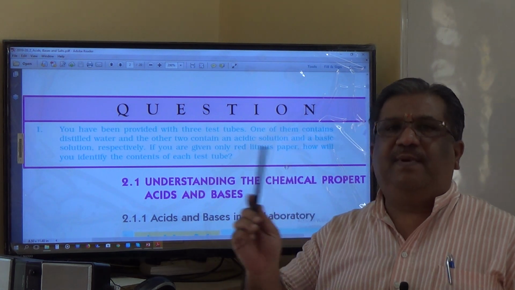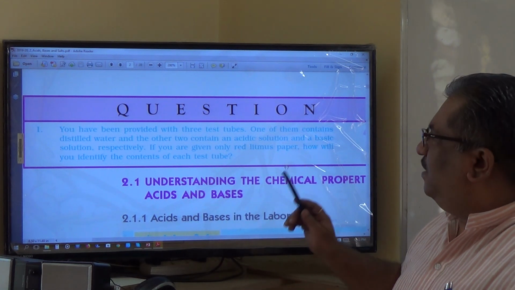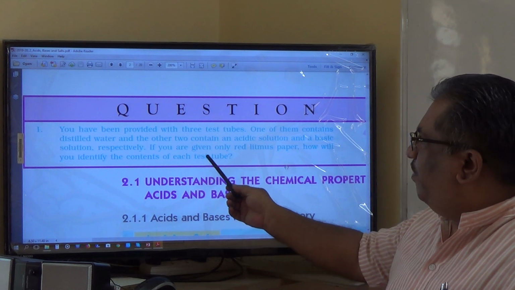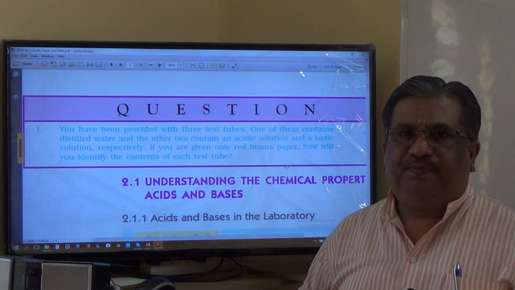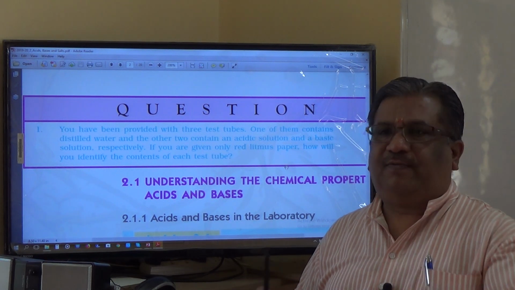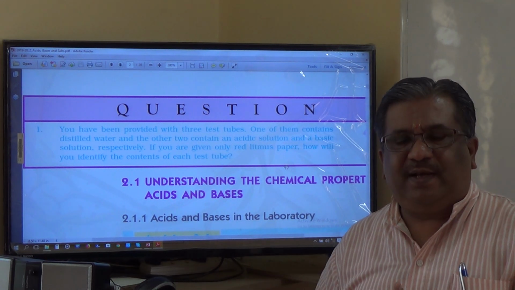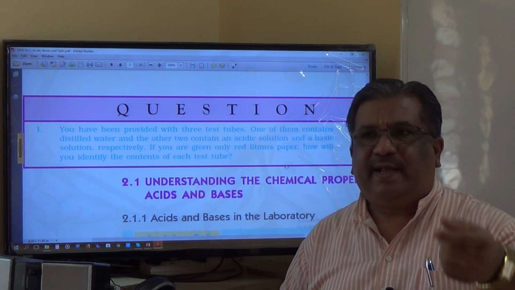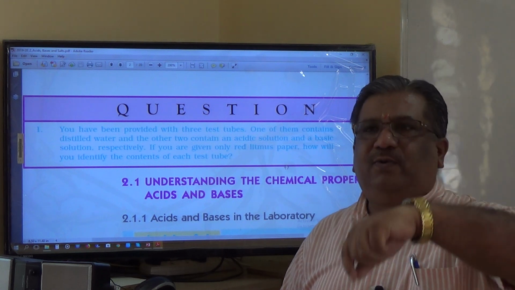3 test tubes, A, B, C, contain water, acid and base. What have we been given? Only red litmus paper. How do you identify all 3? Take the red litmus paper, put it into the first solution. If it turns blue, then it is a basic solution. First is over. Take that blue paper and put it into one more test tube.